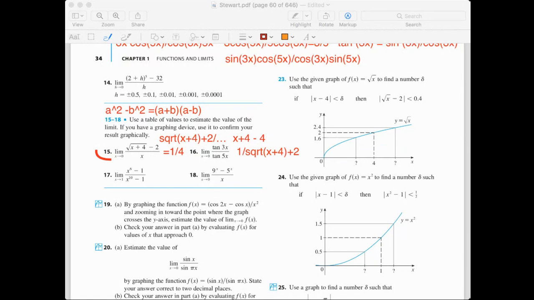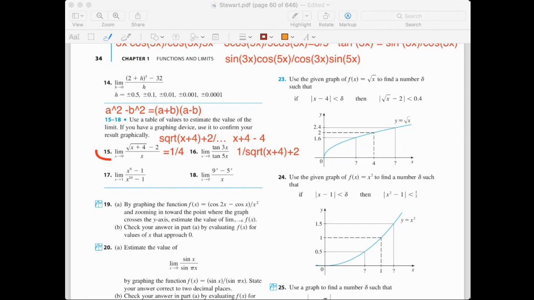X divided by, no, x divided by x. You see the denominator has x. Because the numerator is simplified to be x plus 4 minus 4, just x itself. So it's x divided by x times the square root of x plus 4 plus 2. Then x divided by x is just 1.